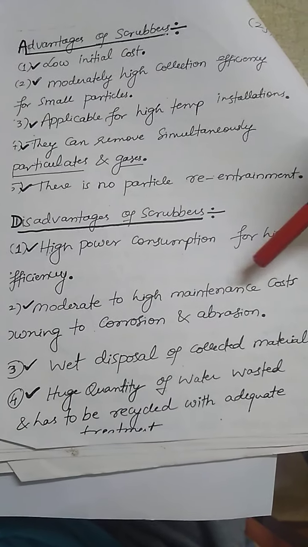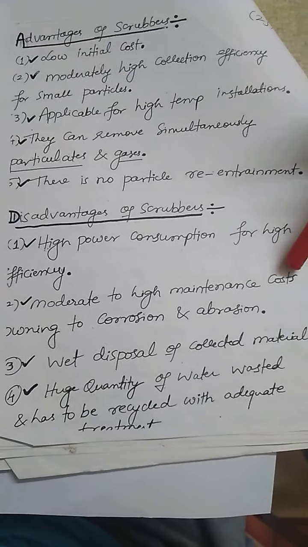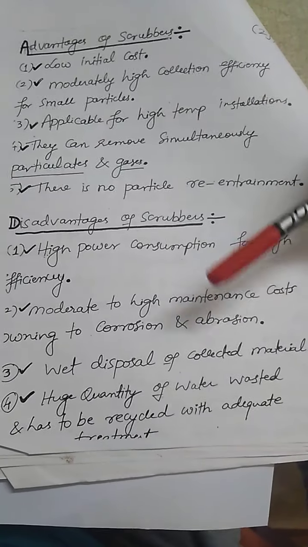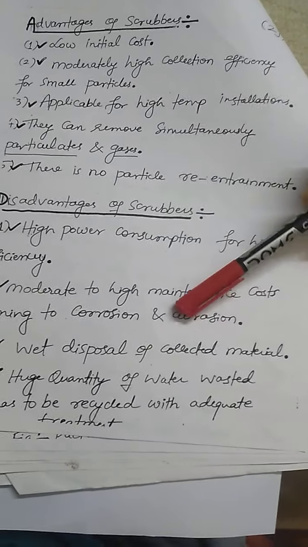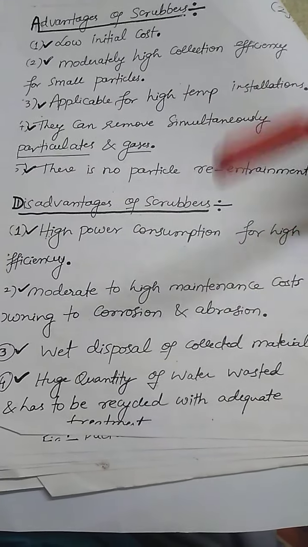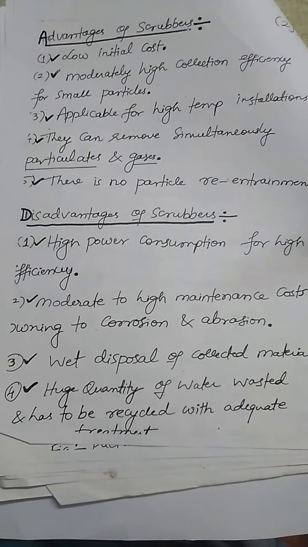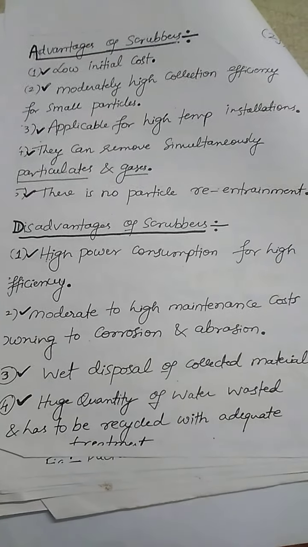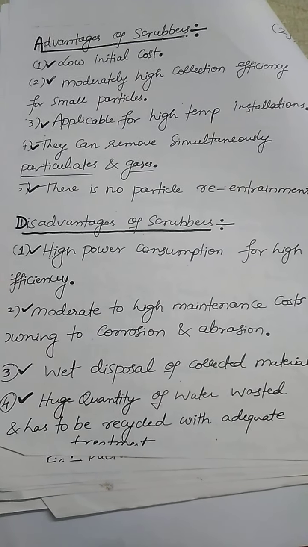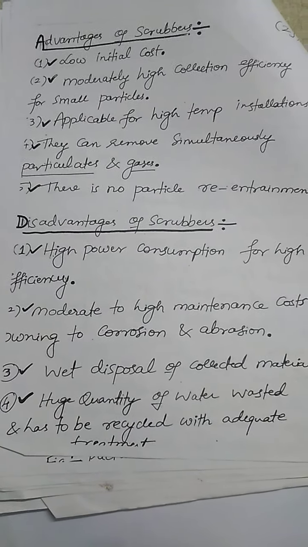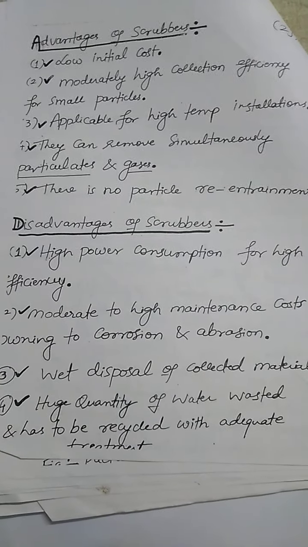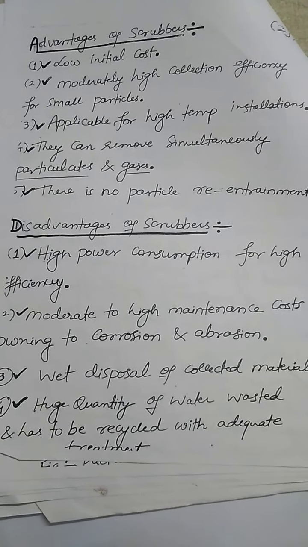Then moderate to high maintenance cost is required, and there may also be problems of corrosion and abrasion. Why is there corrosion? Various kinds of gases, if they contain SO2, the oxides of sulfur and so on, can react with the iron. If it is cast with mild steel, then it is going to get corroded. Then there is wet disposal of collected material.